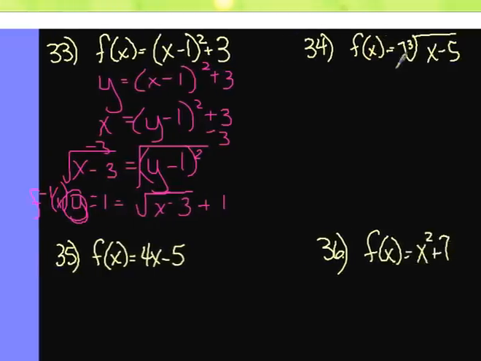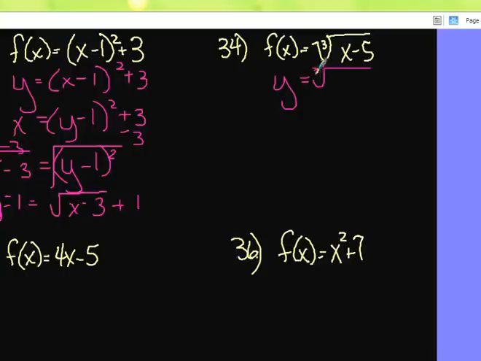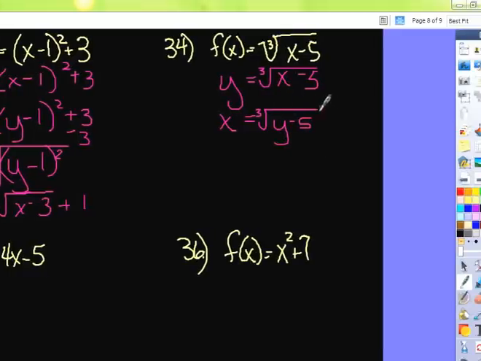Okay, 34, doing the same way. Start with this. Switch x with y. And undo. There's nothing here on the outside that I can pull over to the left, so I'm just going to cube both sides.